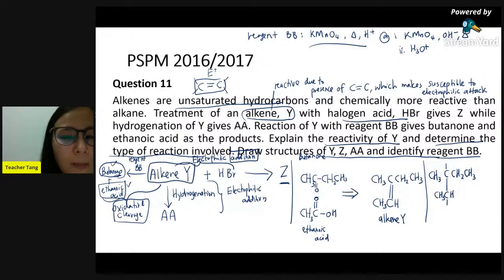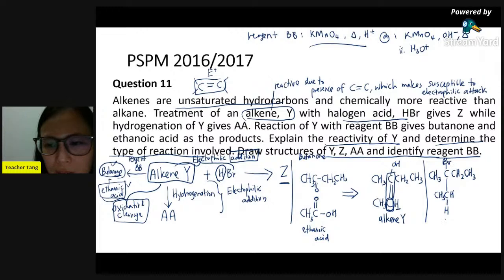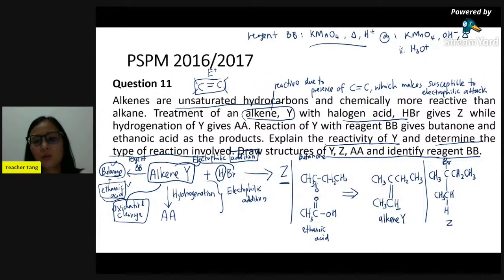Markovnikov rules kata apa? Hydrogen of the HBr need to go to the carbon yang mempunyai lebih banyak hydrogen. So this is your carbon-carbon double bond. This carbon kosong hydrogen ikat kepada dia. Yang ini satu. So means that this carbon has more hydrogen. So hydrogen of your HBr must go here, and here must be the Br. So this is your Z.